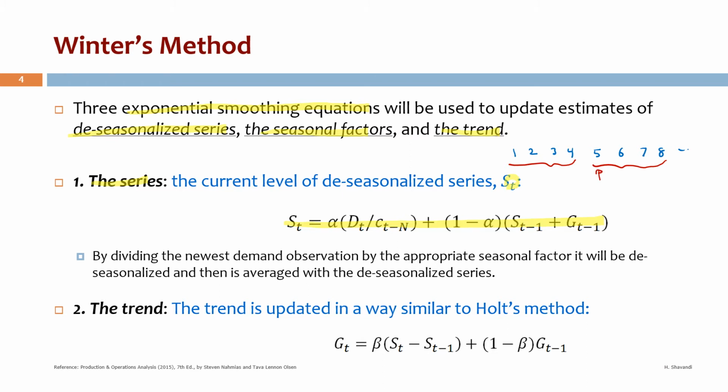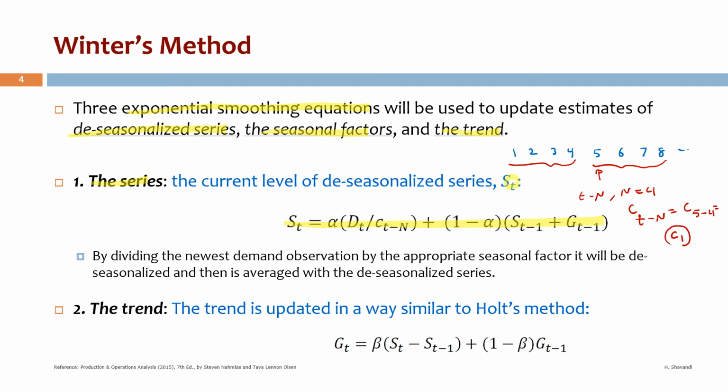Here n equals 4 because each season includes 4 periods, so ct minus n for period number 5 becomes c5 minus 4, or c1, right?